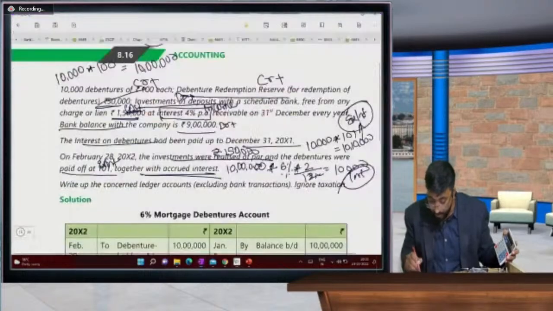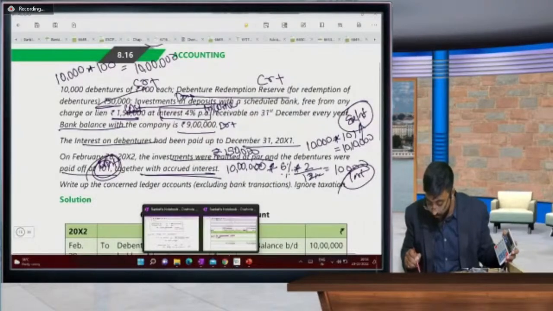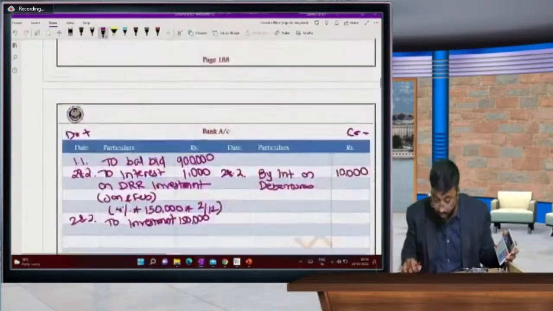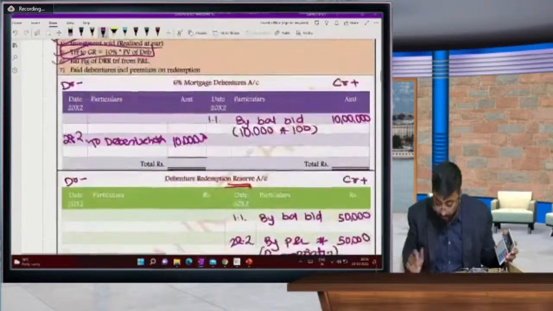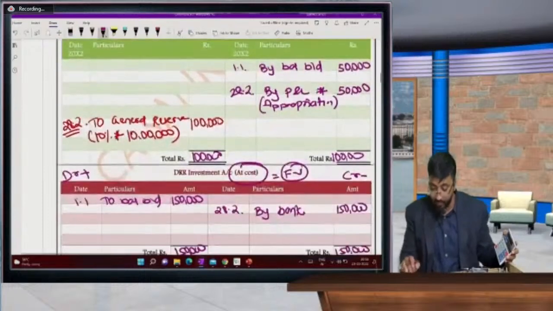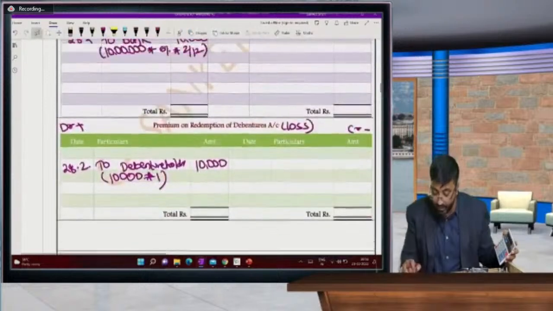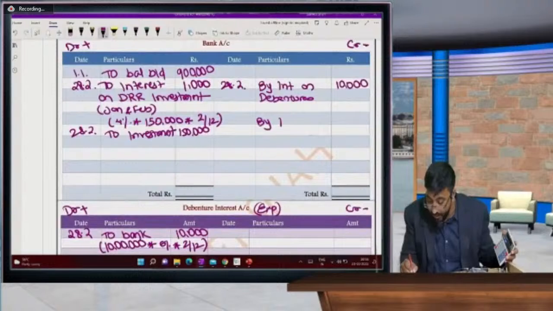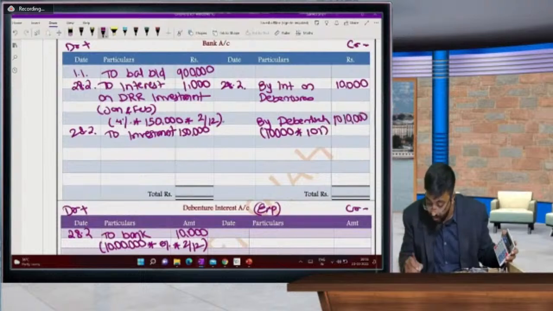How many debentures do we have? 10,000, and we are paying 1 rupee extra. So 10,000 into 1 rupee, and 100 rupees is the face value. So 10,000 into 100. So we are paying 10,000 extra. And in the bank account, by debenture holders, 10,000 into 101, we are paying 10 lakh 10,000.